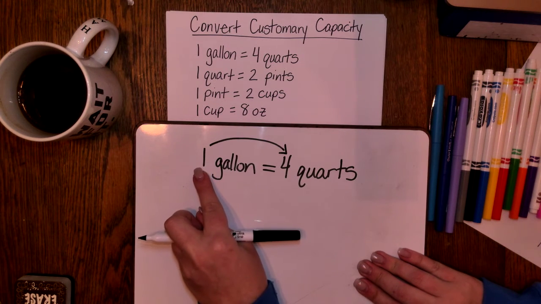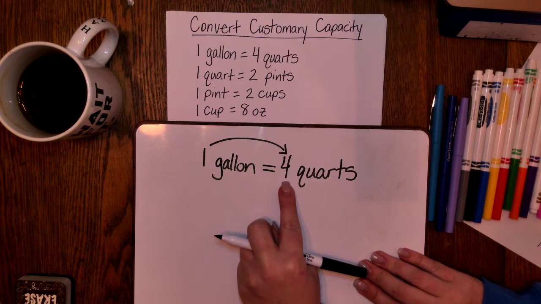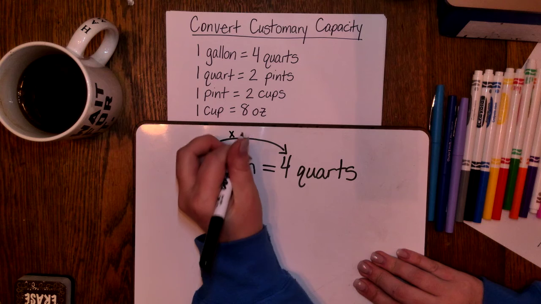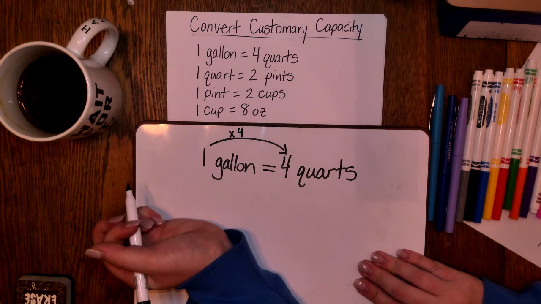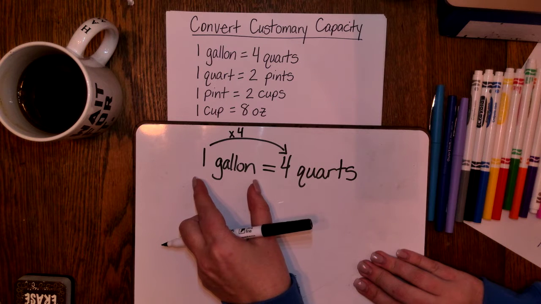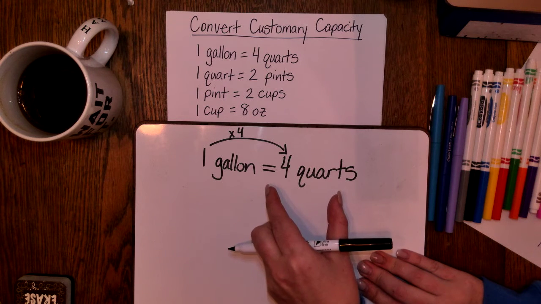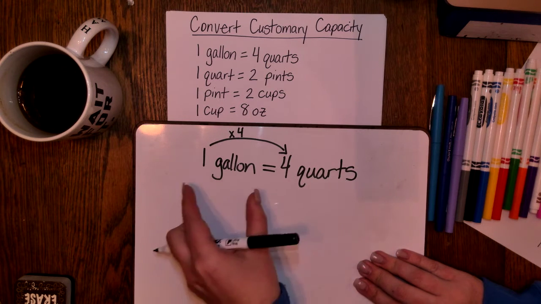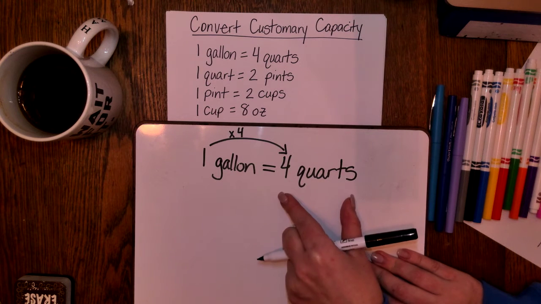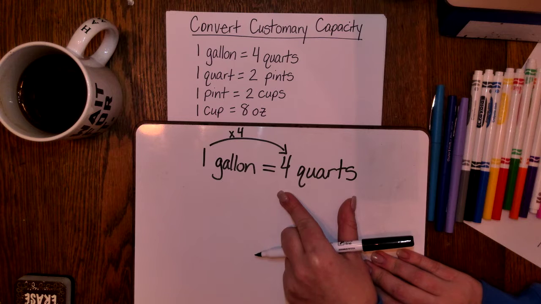To go from 1 to 4, I'm going to multiply by 4. 1 gallon is 4 quarts. So for every gallon, I can make 4 quarts.